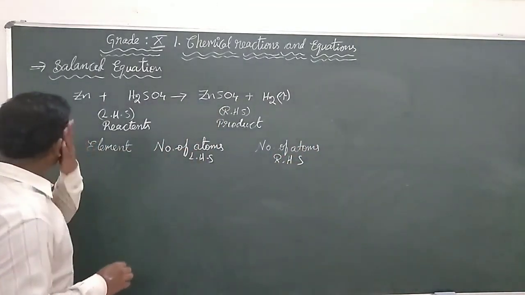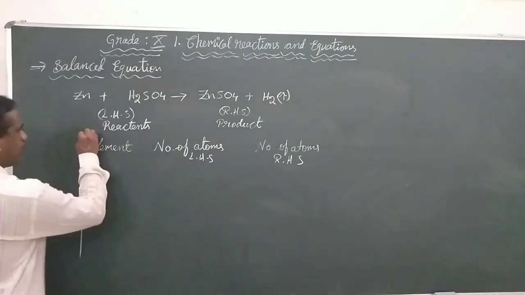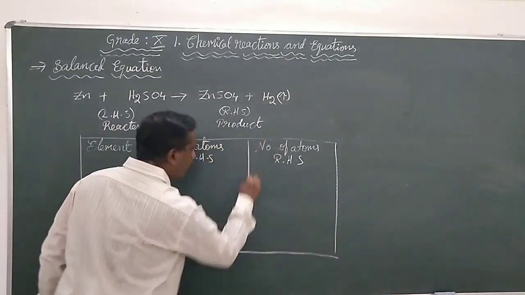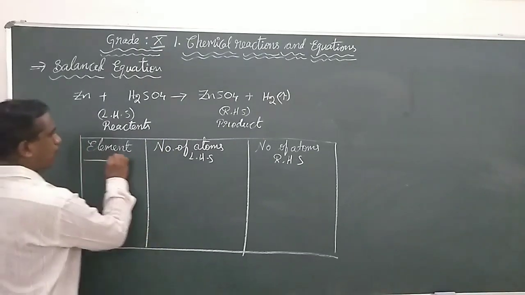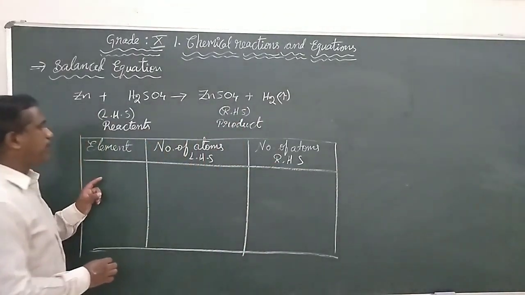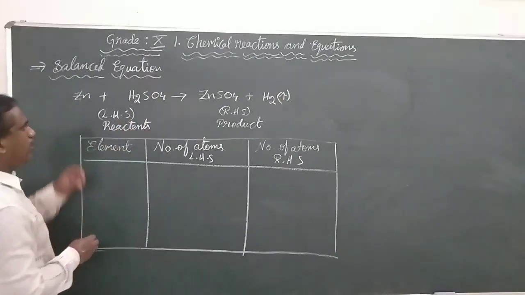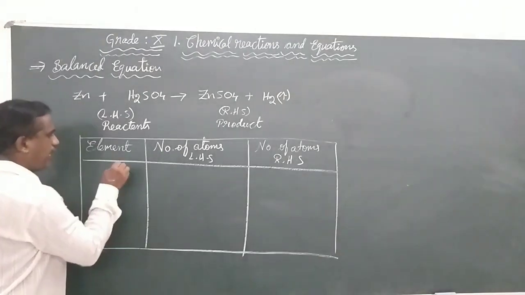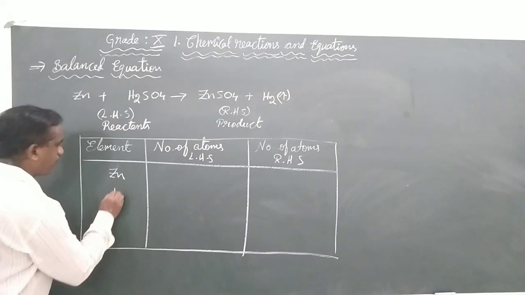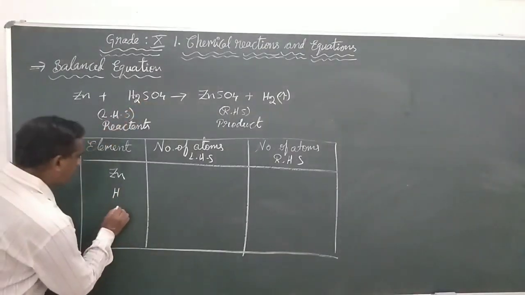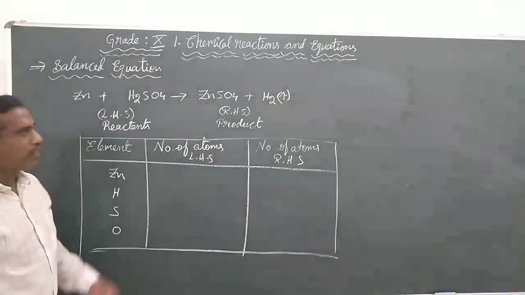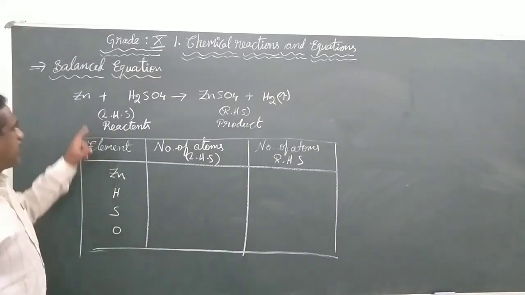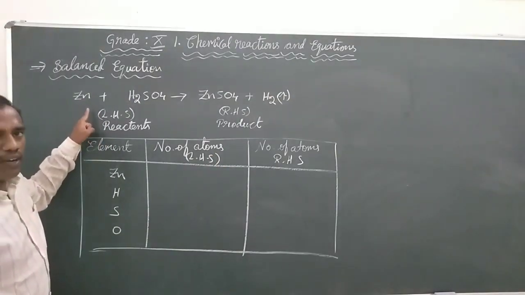Whenever we are going to balance a chemical equation, first we need to form a table. Now we see what elements are present in this reaction. On the LHS we find zinc, hydrogen, sulfur, and oxygen. On the LHS, the number of atoms of zinc is only one.